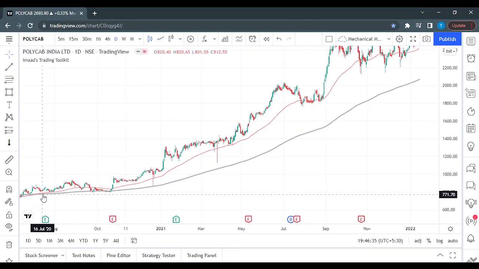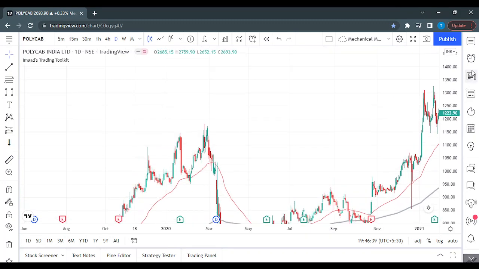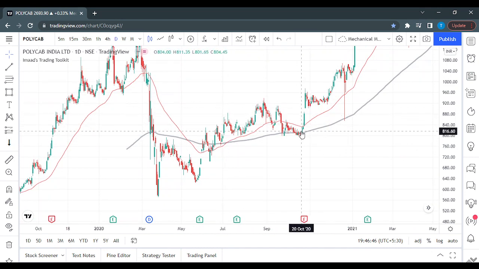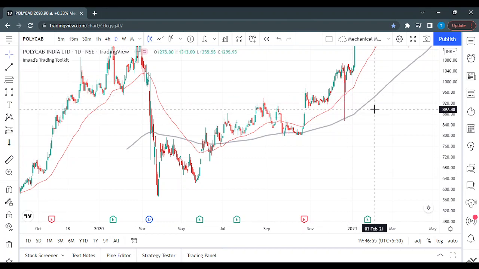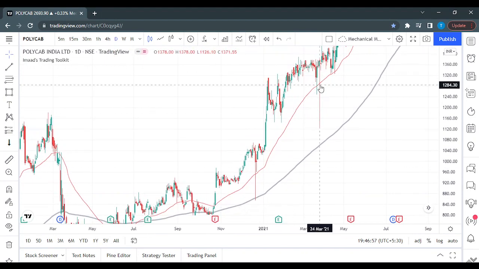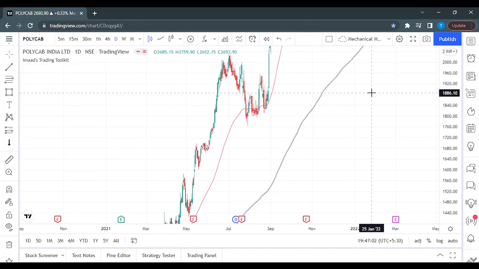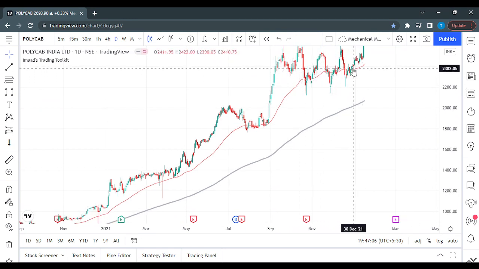After crossing over from the 200 EMA, and I'll show this to you here, above the 200 EMA, every time the price has moved, and this time this was definitely a retest on the 200 EMA, another retest on the 200 EMA, but then a good support at the 50 EMA here, a good support at the 50 EMA here, and a support at the 50 EMA at this point, and constant support being provided at the 50 EMA.